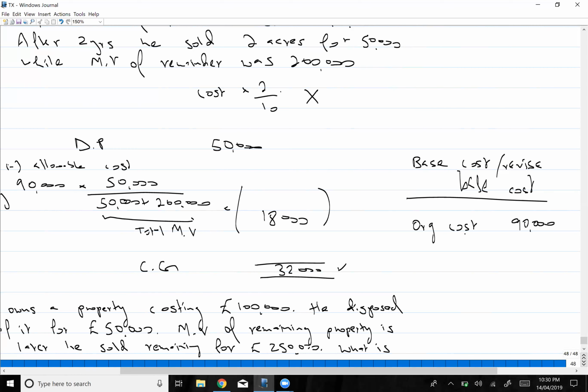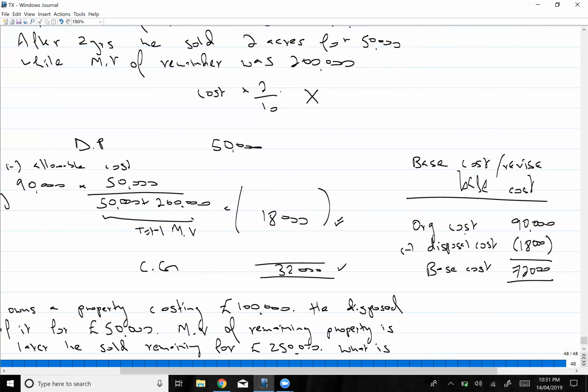From this, you have to minus the cost of the part that you have disposed, which was 18,000. So your base cost will be 72,000. This base cost is the cost of the remaining land. In the future, whenever you sell the remaining land, from the DP you will minus the base cost.